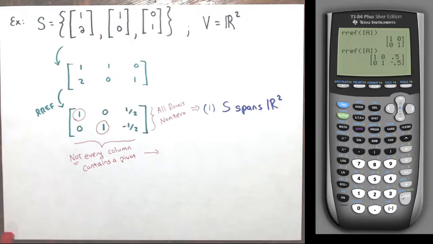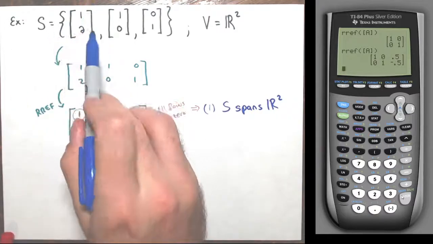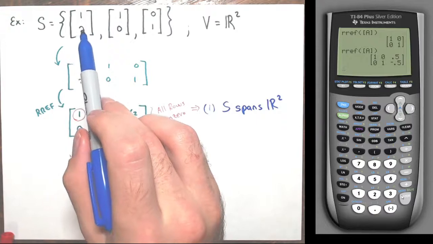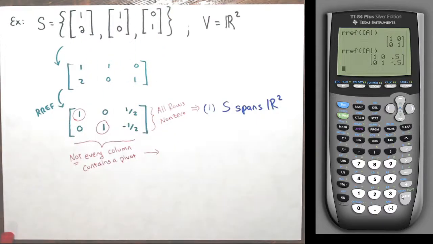And you might have also been able to tell that, if you've been watching my videos, I put a video up on checking for independence. If the number of vectors is greater than the number of components in each vector, then the set's going to be dependent, not independent.